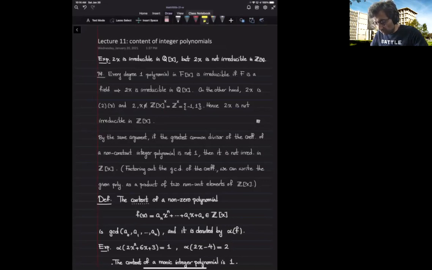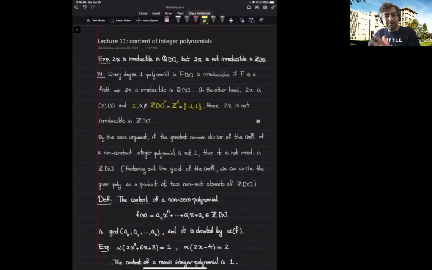And the main issue is that the group of units of Z[x] is very small. It's the same as the group of units of Z, which consists of only 2 elements, -1 and 1. In particular, 2 is not a unit inside this ring, whereas it is a unit in Q[x].